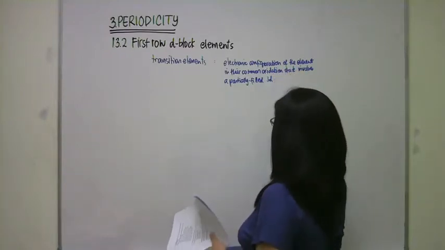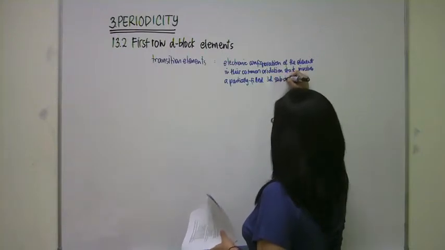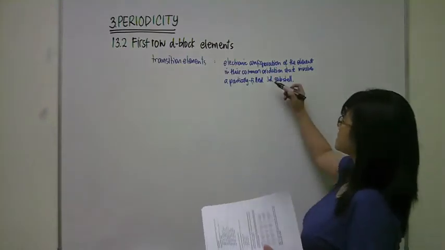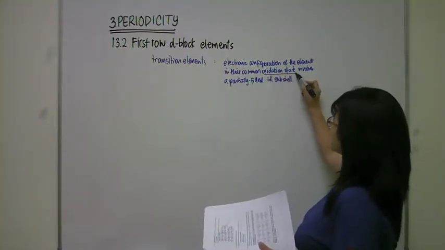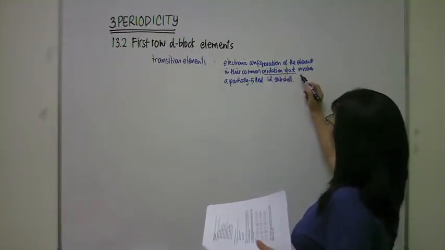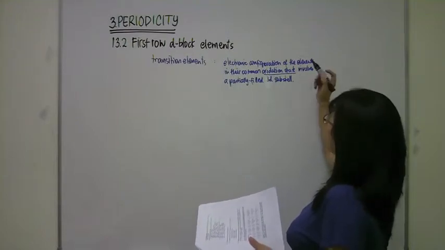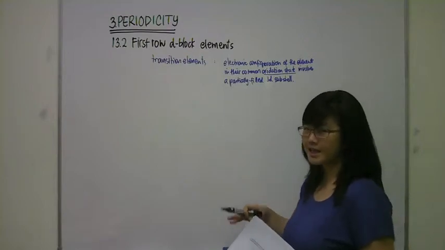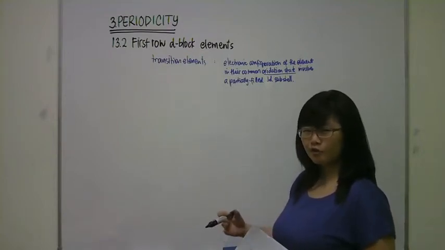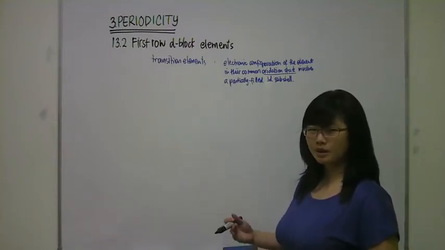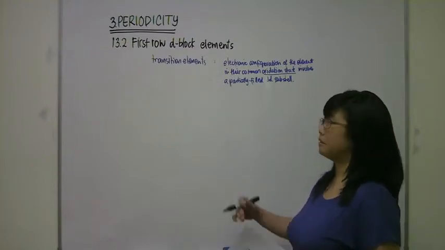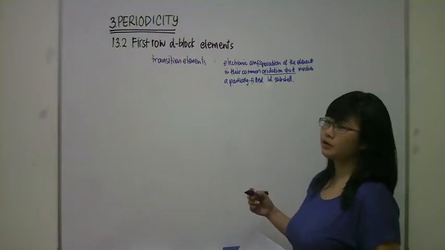Okay. So always the emphasis is on the electronic configuration of the element in their common oxidation state. It's not about the element itself, but after it has reacted with something, after there is a change in the oxidation state from 0, then they have a partially filled 3D subshell.